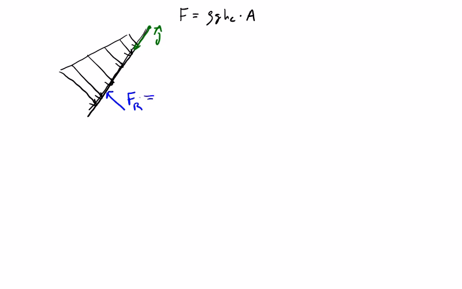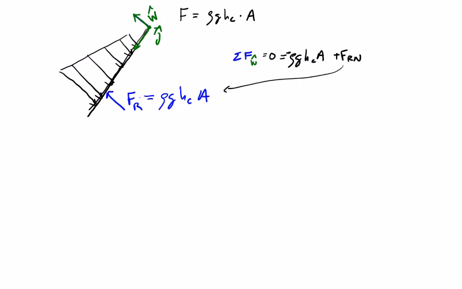It should be equal to rho g HC A, and that would mean that the sum of forces, let's call this direction W, in the W direction equal to 0 means that rho g HC times A minus F resultant has to equal 0, and so you could prove that. But we also might be concerned about the sum of the moments about our origin, where this point here is our origin right here.